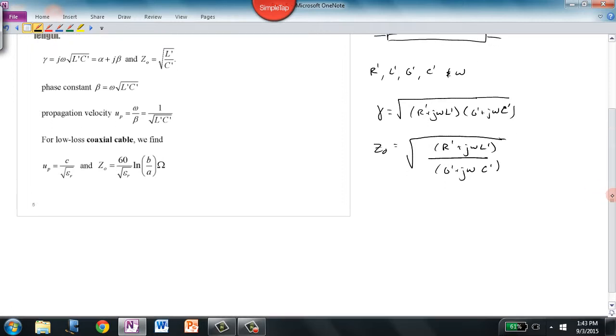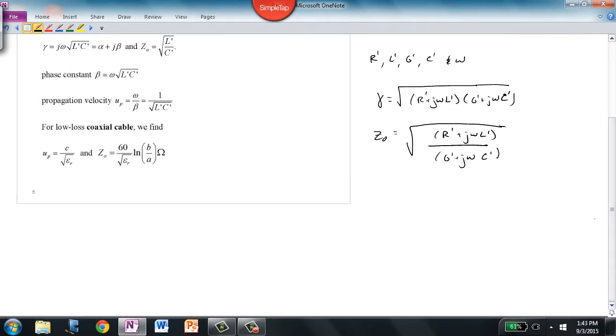A lot of times we're going to make an assumption about the transmission line, and we already alluded to this. We call it a lossless T-line. In a lossless T-line, the series resistance is much smaller than the series reactance, and the shunt conductance is much smaller than the product of the angular frequency and capacitance.